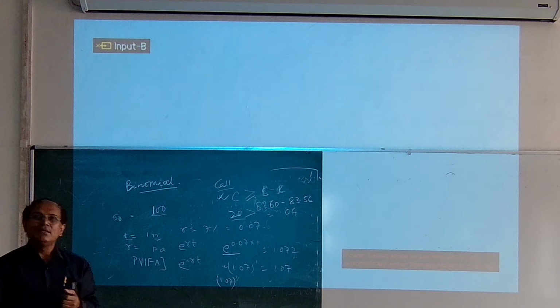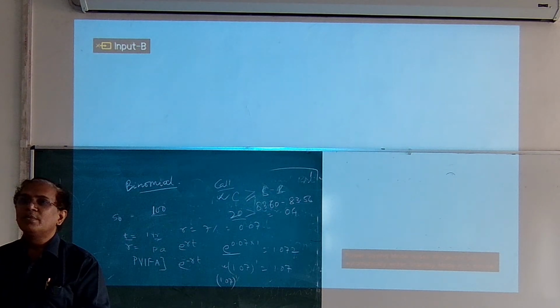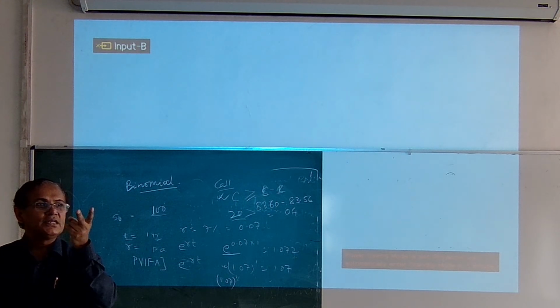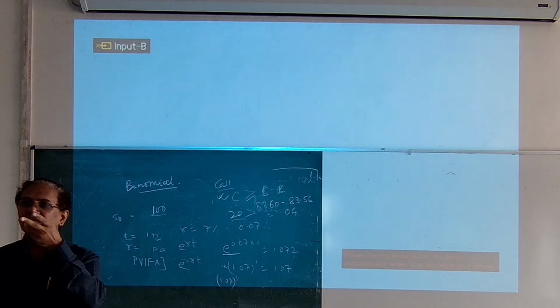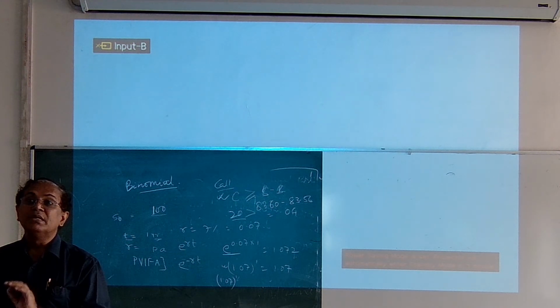What is binomial? It is a dichotomy. Two branches are there, always two possibilities, and we decide about it. So we are starting the binomial method for option premium calculation.